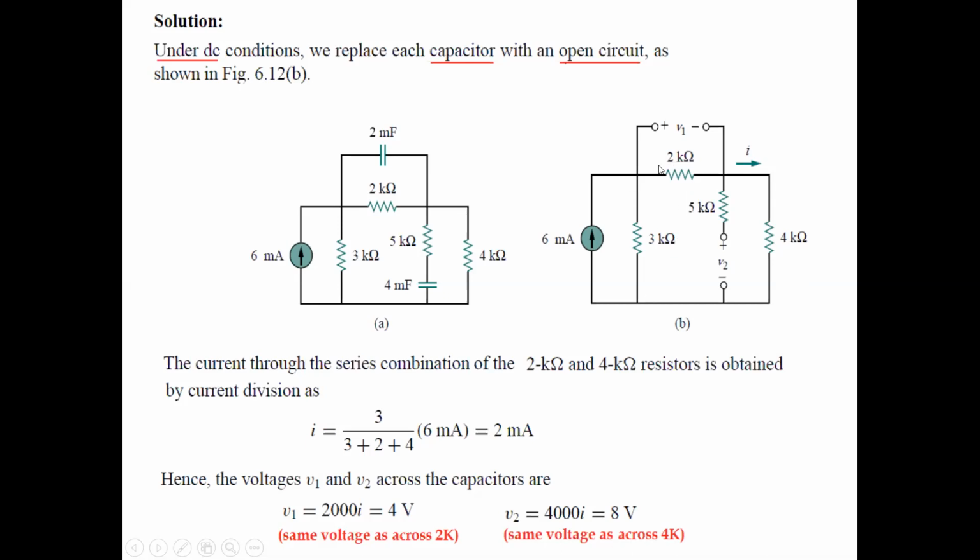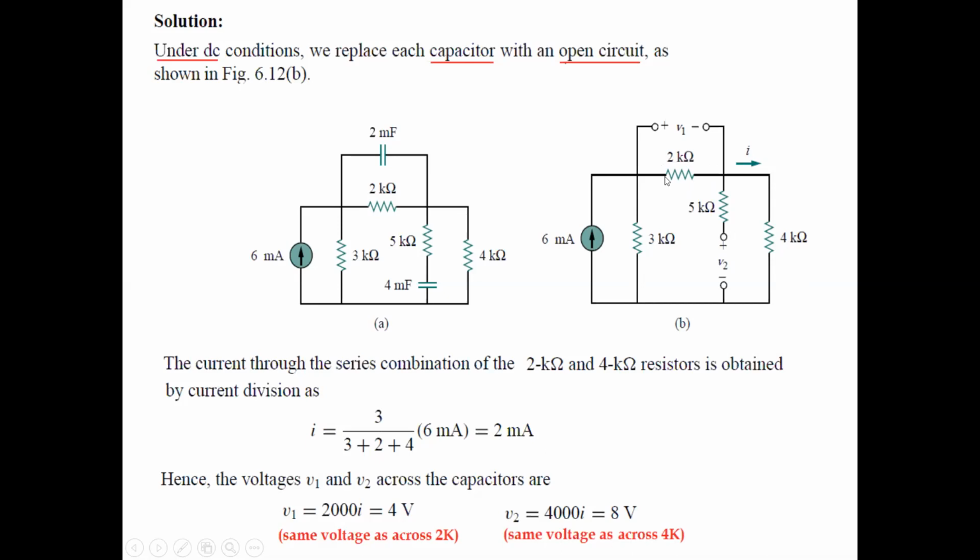So if we want to find the current through the 2 kilo ohm resistor, the formula will be 3 kilo ohm should go in the numerator divided by the total resistance, which is 3 plus 4 plus 2, and it comes out to 9. 3 by 9 multiplied by the total current, and the result is 2 milliampere.